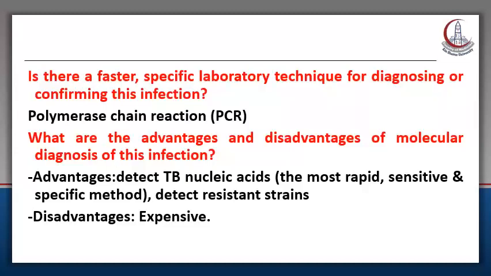We detect the genes for antibiotic resistance. But of course, the disadvantage is that it's slightly expensive, as you are hearing about the testing for the coronavirus, which is epidemic nowadays. The PCR's first obstacle is that it's expensive and takes a lot of resources to be done in every facility.